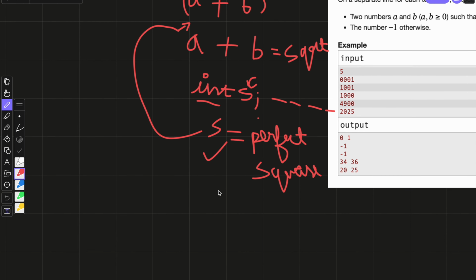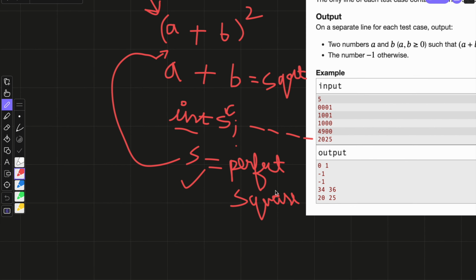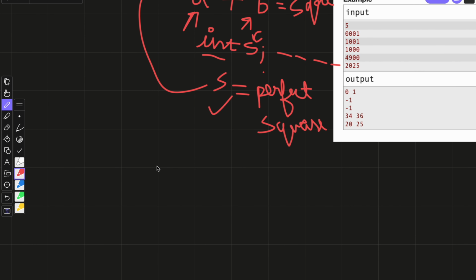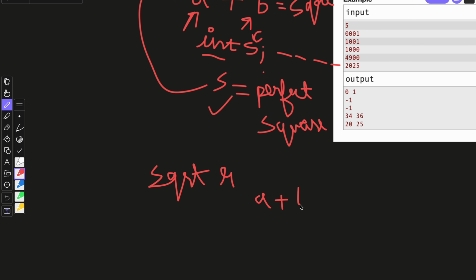What is the second thing that we have to see? Now we have to find a and b. Suppose we get the square root as r. So a plus b is equal to r. And how can we find a and b?